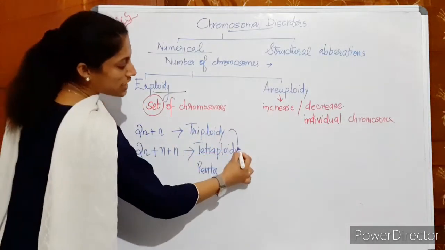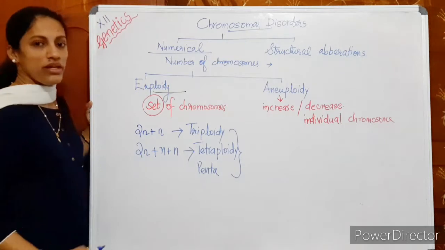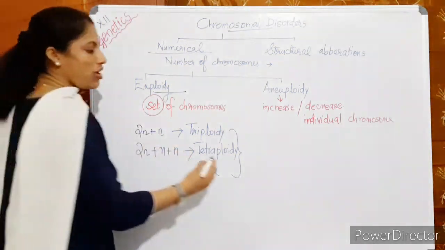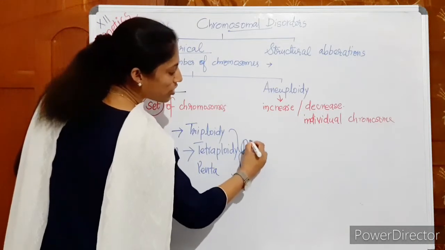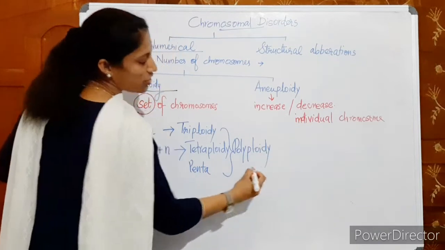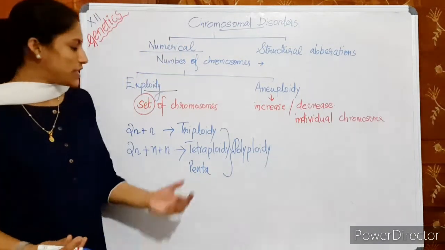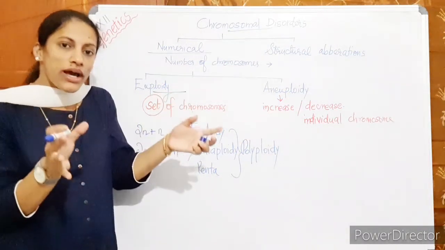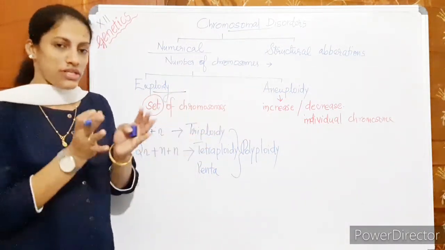If there is increase in the ploidy, the set of chromosomes is increased, added to a normal set. Altogether, we can call them polyploidy. Is it okay? So, in euploidy, sets of chromosomes are added to the diploid set, the normal set.